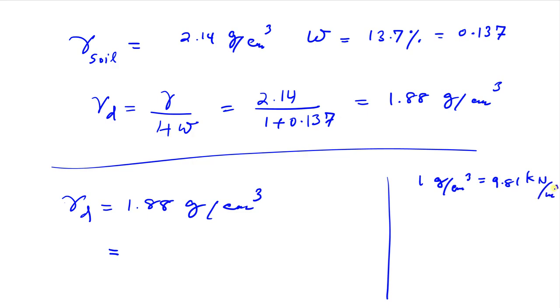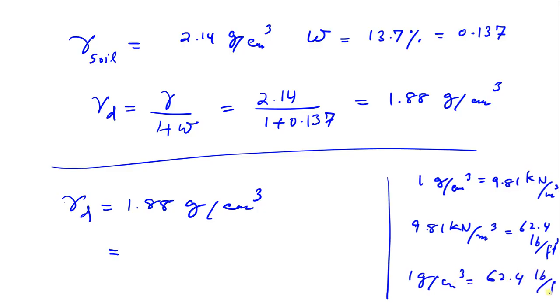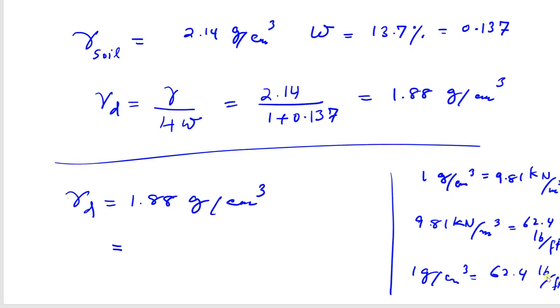So this becomes your conversion, and also 9.81 kilonewton per meter cube is 62.4 pounds per cubic foot. Or there's a third conversion: 1 gram per centimeter cube is 62.4 pounds per cubic foot. So any conversion you can do.